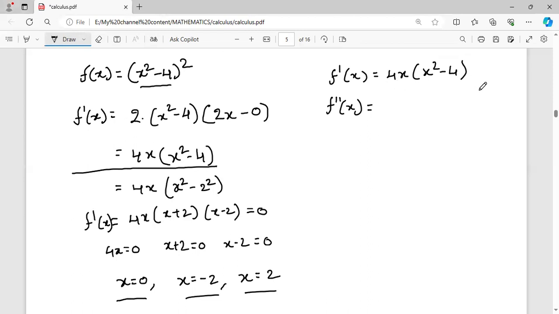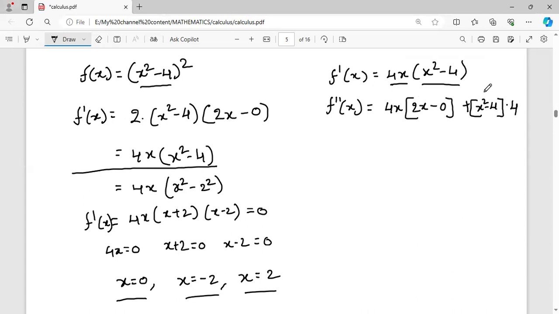For that, it is in the form of d by dx of uv. So u is taken as 4x and v is taken as x square minus 4. Apply the product rule: 4x into the derivative of x square minus 4, that is 2x minus 0, plus x square minus 4 into the derivative of 4x, which is 4.